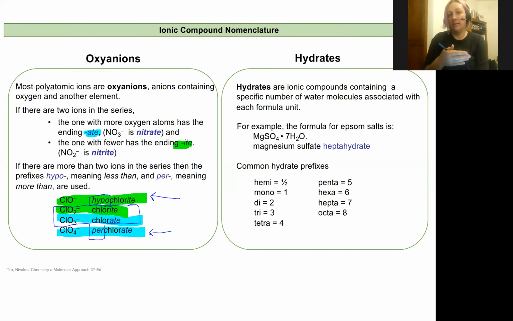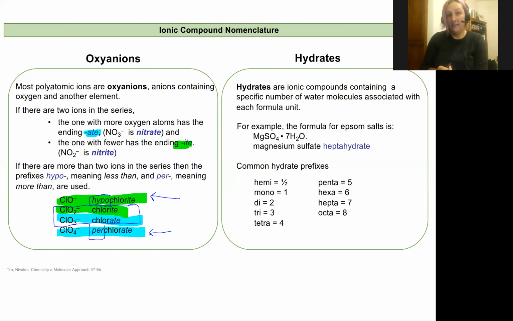It's not always associated with an exact number of oxygens. Something with 2 oxygens is not always an element with an ITE ending, like chlorite or nitrite. It depends on what is possible. Again, that takes a lot of experience getting to know these molecules, and right now I expect you to just look these up.